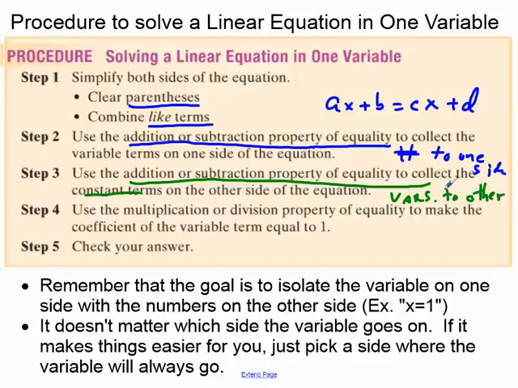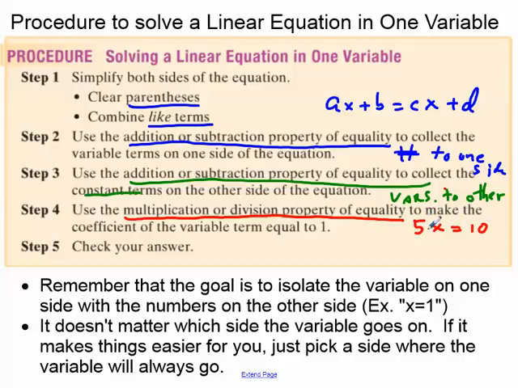And then step four is, if we have some number in front of the x, some coefficient, we've got to divide by that coefficient on both sides of the equation. Use the multiplication and division property of equality to make the coefficient, the number in front of that variable, into a 1. So if we've got something like 5x equals 10, we don't want to know what 5x is.